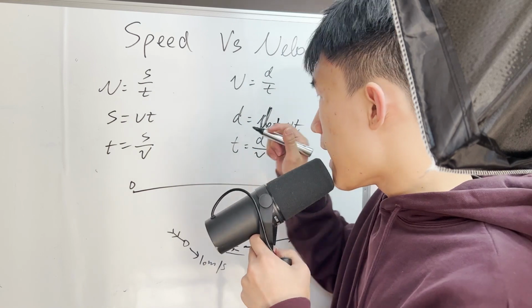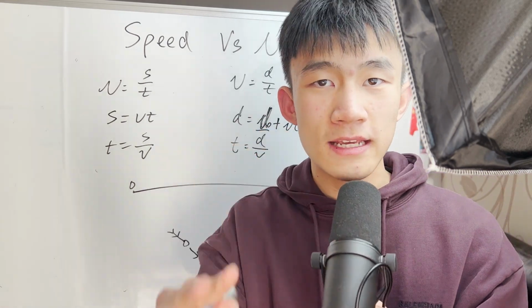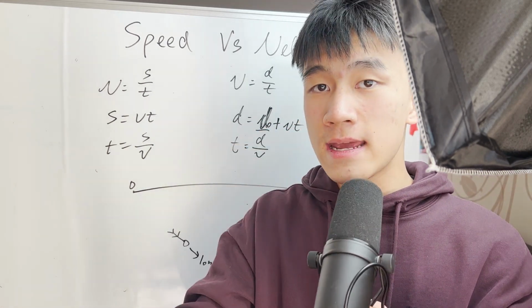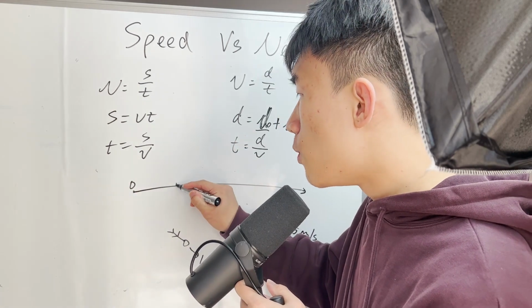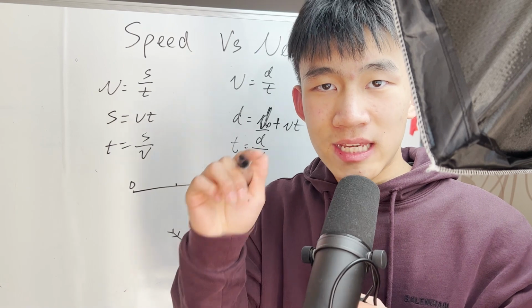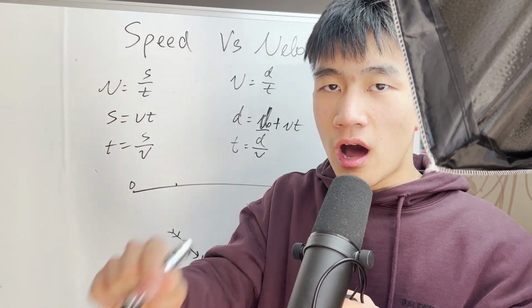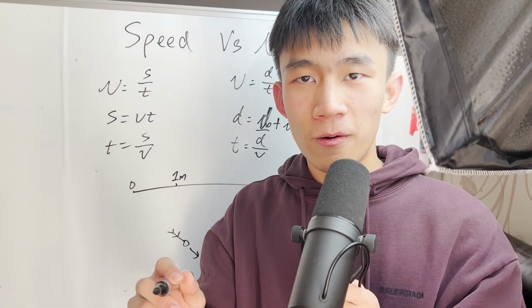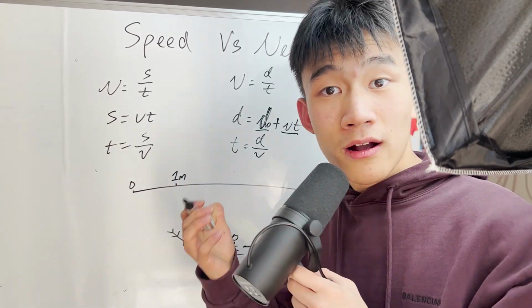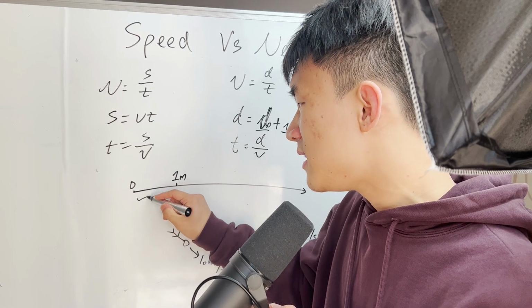We have to add a d naught at the front, and this d naught represents the initial displacement of an object. For example, when I'm starting calculating at t equals 0 seconds, the object has already displaced 1 meter to the right. So the v times t is not going to take into account this 1 meter.